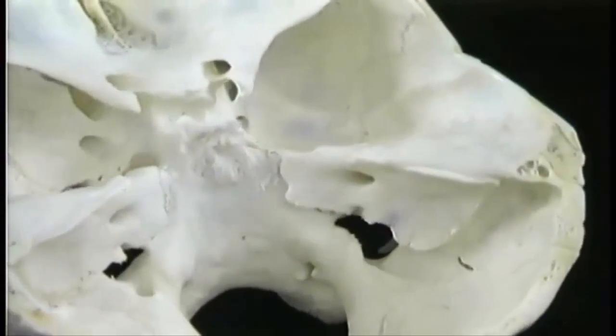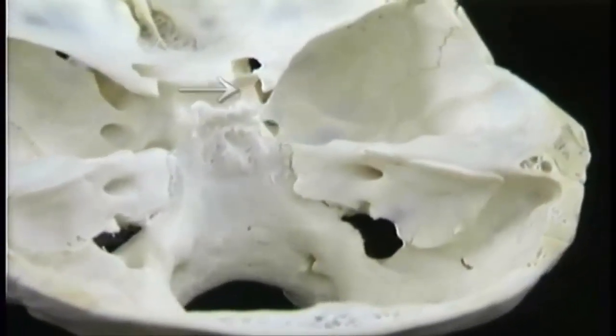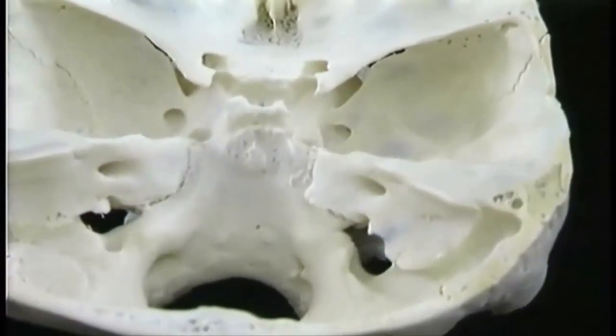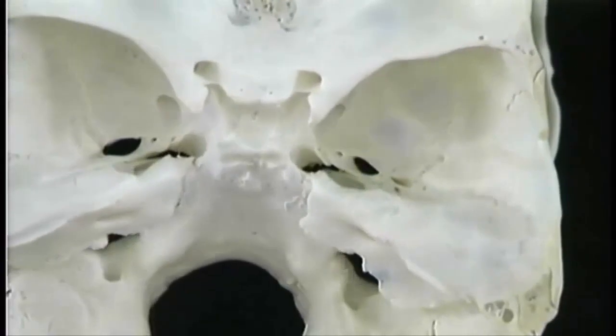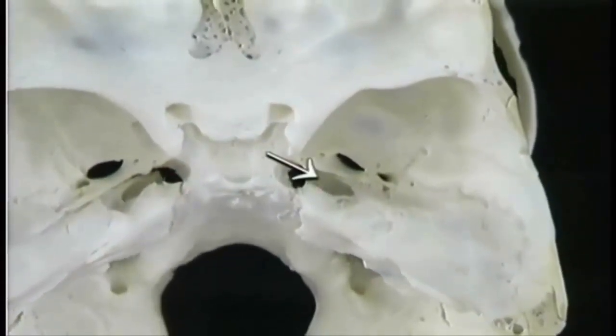Now we'll move on to take a look at the openings in the floor of the anterior and middle cranial fossa that we saw earlier. We'll look at three openings that pass forwards, two openings that pass downwards, and one that, in spite of appearances, passes obliquely backwards.